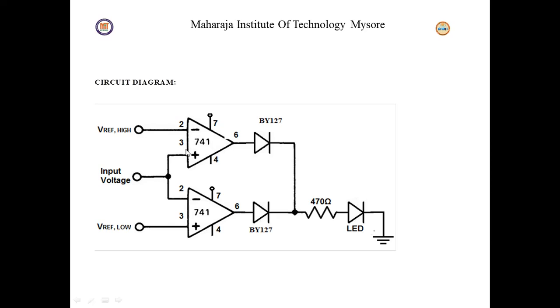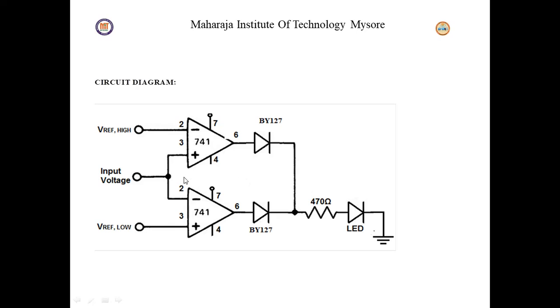The other terminals of both op-amps are connected to the input voltage. We have used diodes for both op-amps, one resistor for the circuit, and this LED to give the indication whether the input voltage crosses the limit or not.